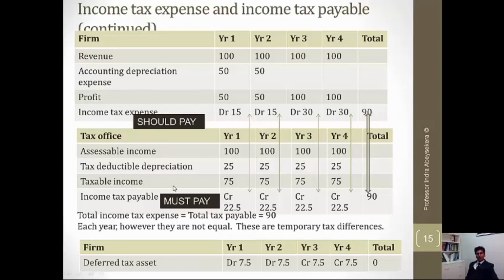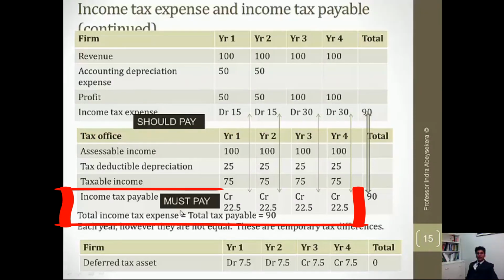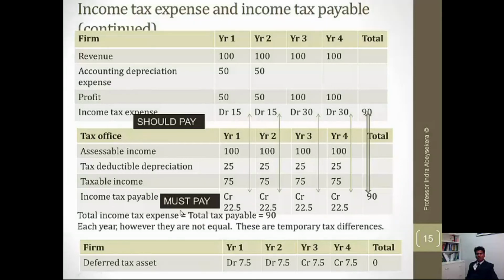What we should pay is the income tax expense. What we must pay is the tax payable. Because what we should pay is less than what we must pay, we'll make a saving in the future.